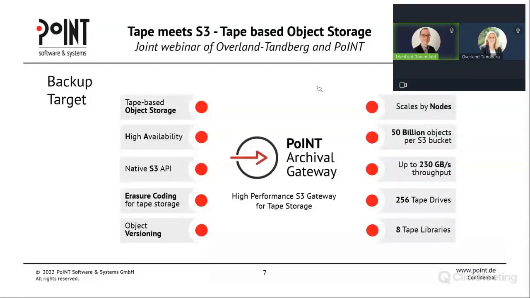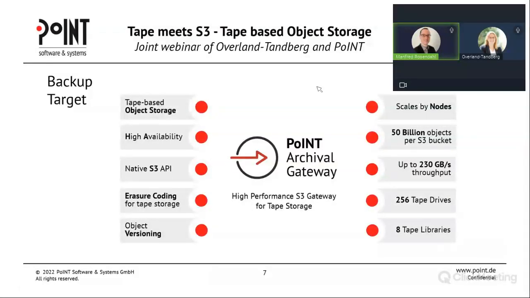Based on the numbers here, you can see how powerful the solution is and how it scales. We support up to 8 libraries in parallel and up to 256 drives. But this is only a theoretical limit, and we can extend on request.